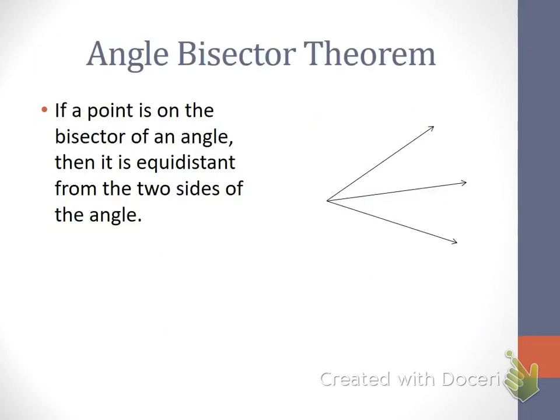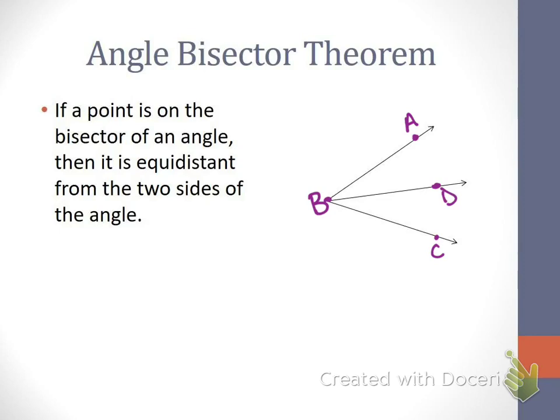The angle bisector theorem. If a point is on the bisector of an angle, then it is equidistant from the two sides of the angle. So let's call this angle ABC. And we'll put point D in here.